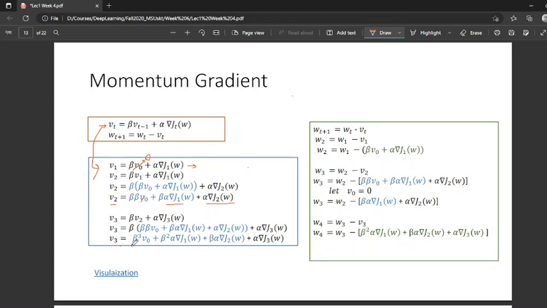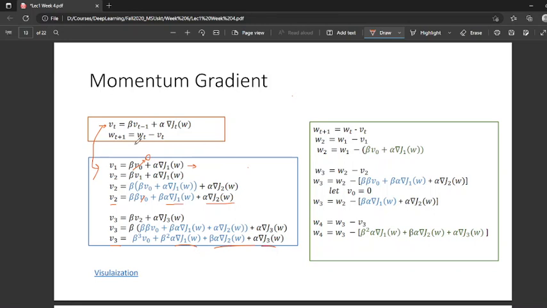What happens? This V3 contains the gradient from iteration 1, then the gradient in the second iteration, and then the current gradient in the third iteration. So V3 is actually summing up all the previous gradients with the current gradient.